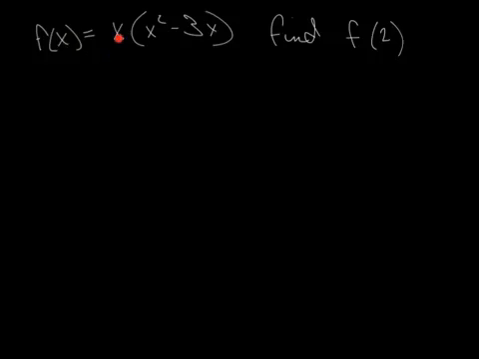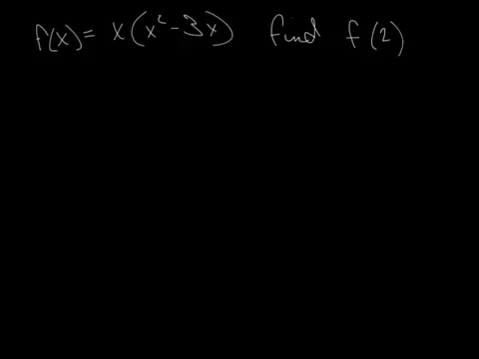So whenever we see x, we're going to put that 2 in its place, and we're going to get our negative 4, like we did before. So nothing weird. This is just telling me what the x value is that I'm going to put in here, and then it's going to spit out an answer. So when x is 2, what is the function of 2? What's it going to spit out when I put 2 in there? That's all it's asking me to do.